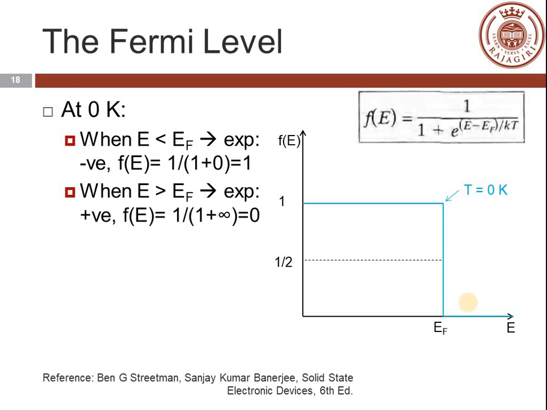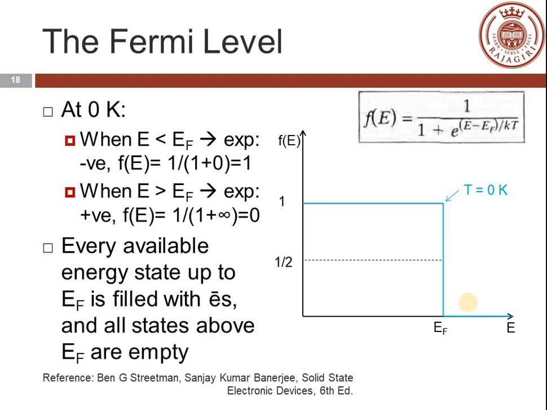And at the point E equals EF, the occupation probability is 1 by 2. So every available energy state up to EF will be filled with electrons, and all the states above EF are empty. And here we have assumed the temperature to be 0 Kelvin.